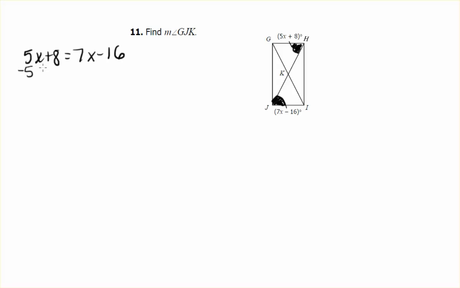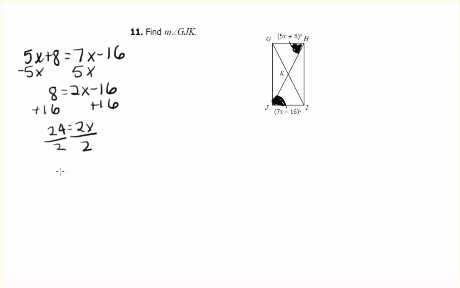I'm going to combine my like terms first, and then I'm dividing by 2, so I get that x equals 12.